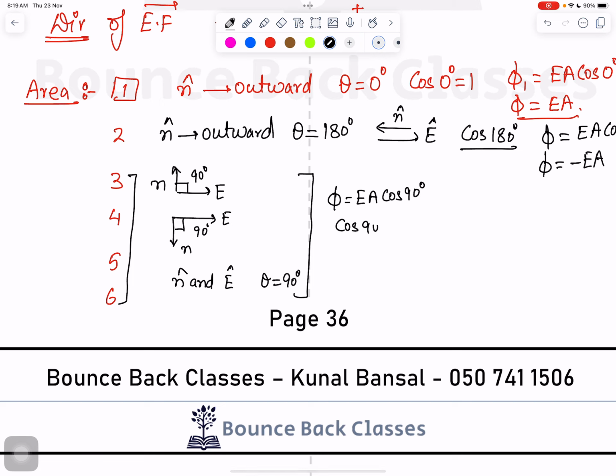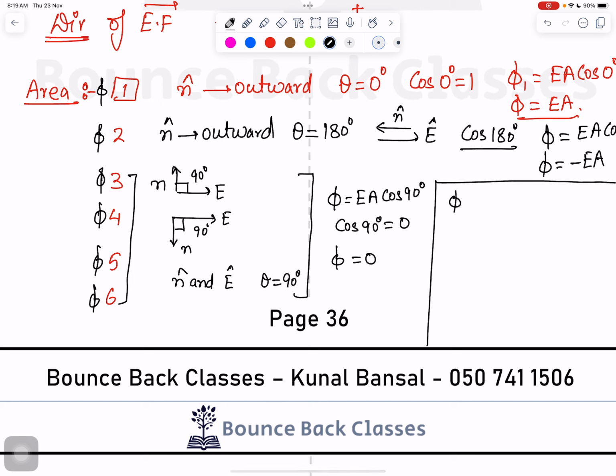Cos 90 degrees is 0. Can I say flux is 0? Clear, guys? So we have all 6 values: flux 1, flux 2, flux 3, flux 4, flux 5, flux 6. Just add them and finalize it.